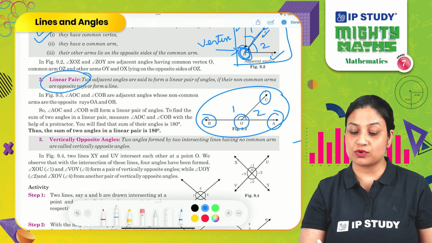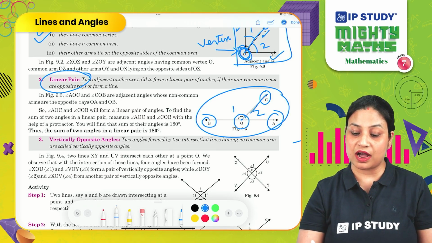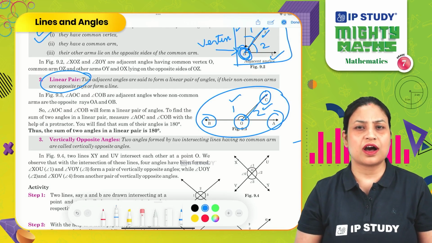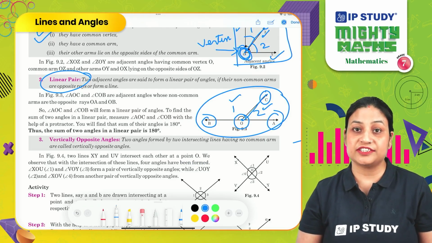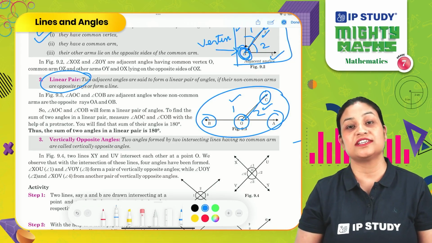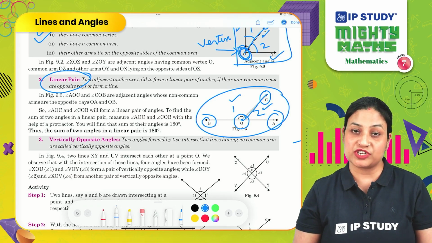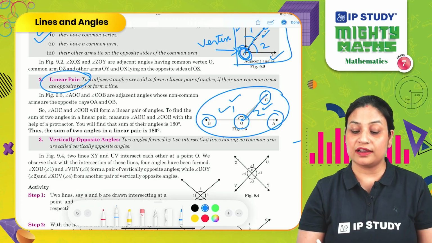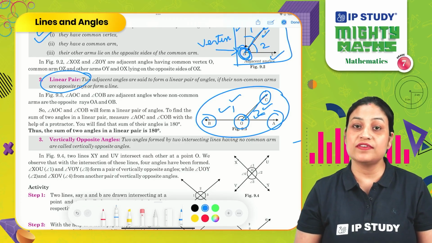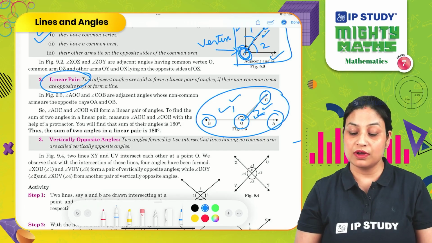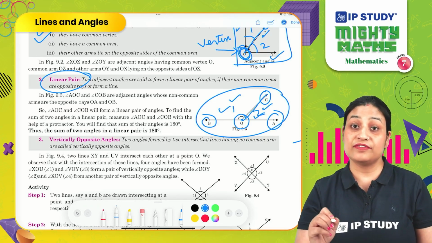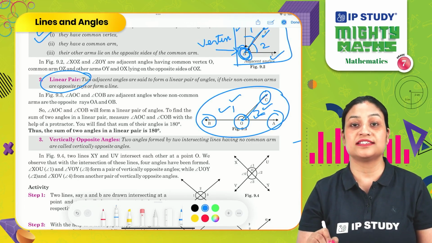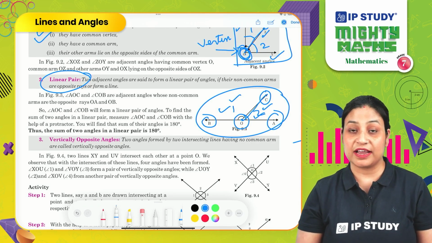We have a common vertex O over here, and we have a common arm OC between angle 1 and angle 2. So are linear pairs adjacent angles? Yes. Linear pairs are adjacent angles. Now what is the speciality about this pair of adjacent angles? The speciality is that the sum of these two angles, angle 1 and angle 2, is always equal to 180 degrees. Why is it so? Because here two rays are opposite in such a way that they are making a straight line, and we know that in a straight line the sum of the angles is equal to 180 degrees. Am I clear to you?